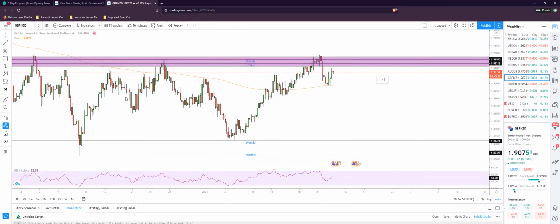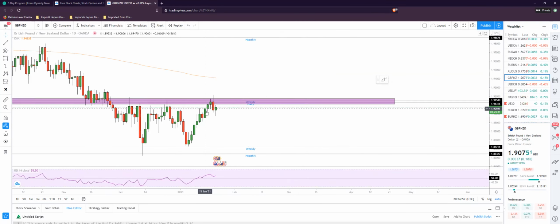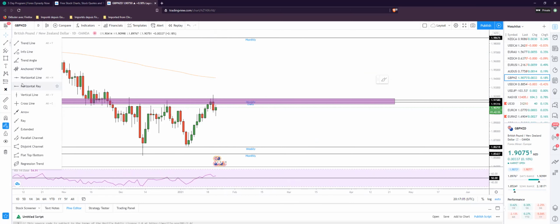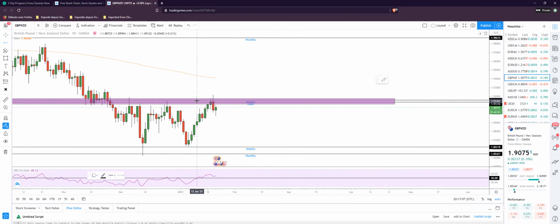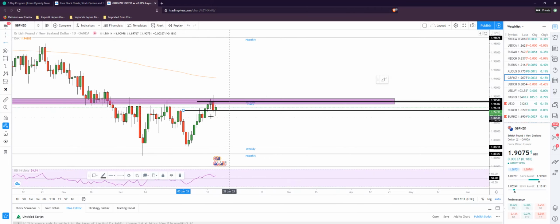Exactly. After that, what I will do on the daily, I want to see the last push up on the market. So for me, this is the last push up of the market. This is the last push down on the market. The market goes up and closes there. The market goes up, it did a fake out.